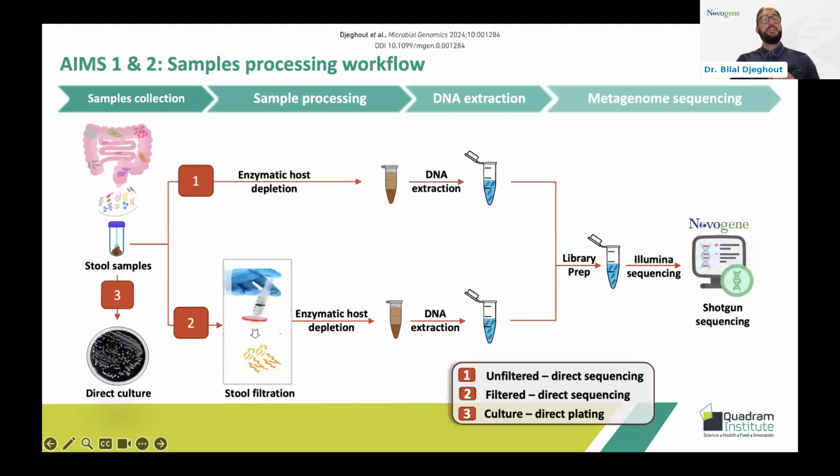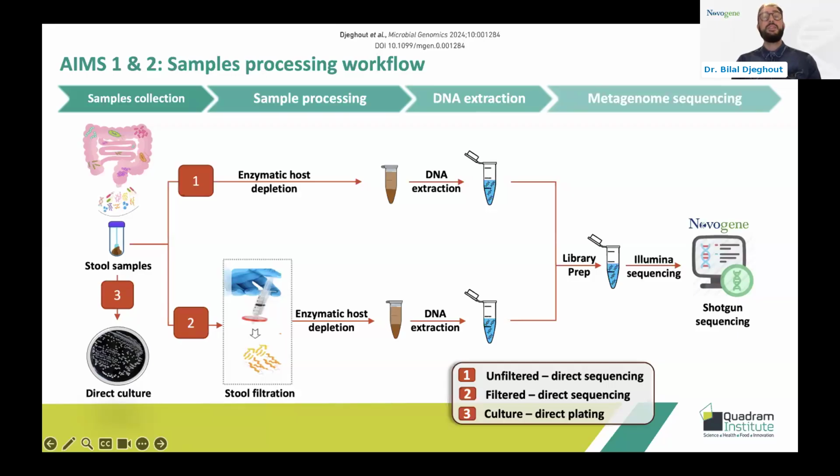Refining the methodology, on the other hand, for this project was a significant undertaking. After extensive optimization, I established 3 distinct workflow approaches, each designed to maximize the accuracy and the resolution of Campylobacter detection and characterization using advanced sequencing services provided by Novogene. First, extraction was performed directly on unfiltered stool samples.